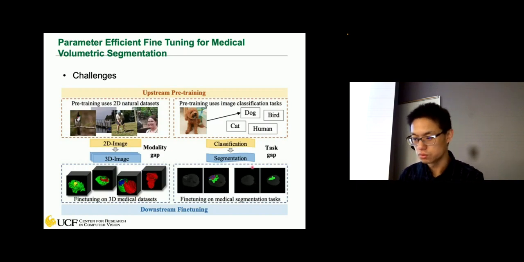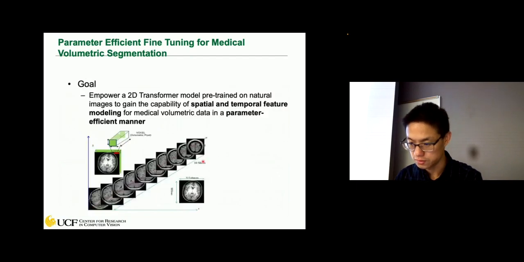So having these two challenges in mind, we are trying to mitigate them by coming up with some novel designs for the parameter-efficient fine-tuning strategies. Basically, we want to empower this 2D transformer model, pre-trained on natural images, to have the capability for spatial temporal feature modeling, because our volumetric data is a 3D volume.